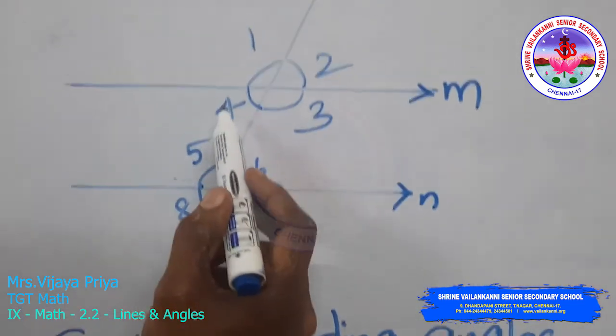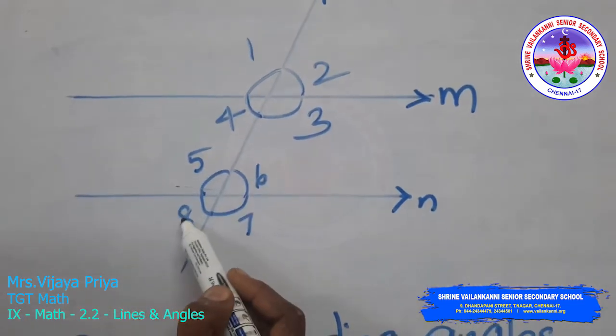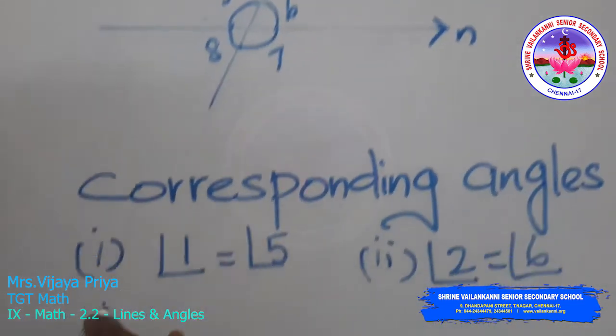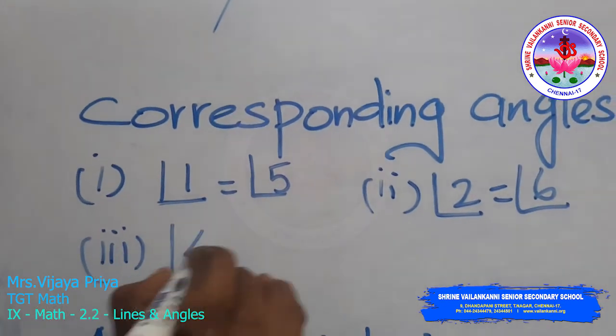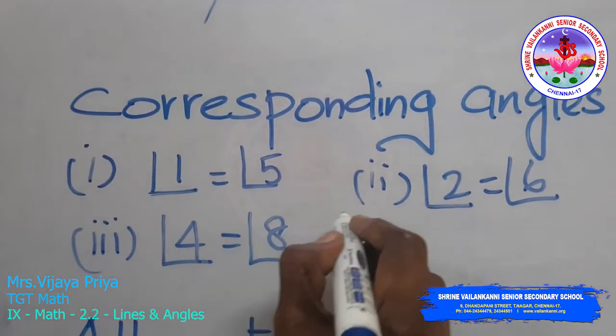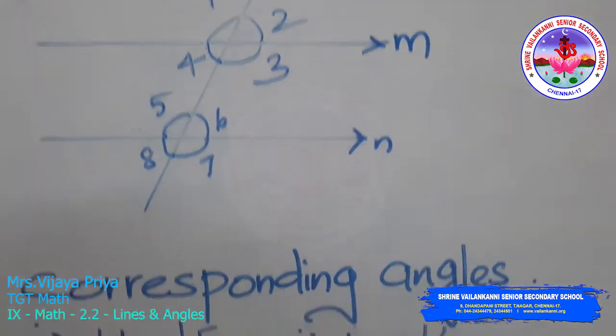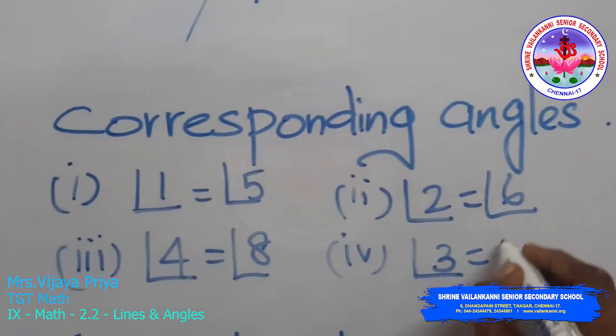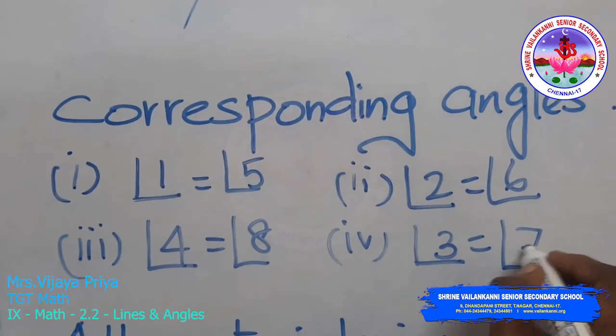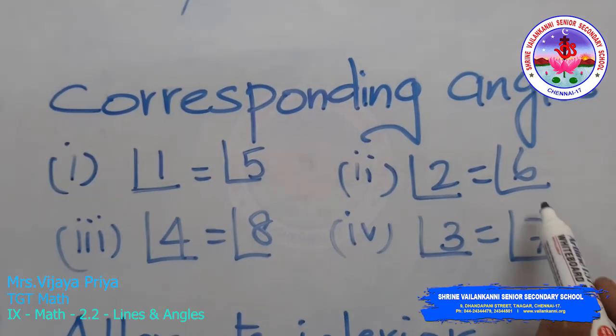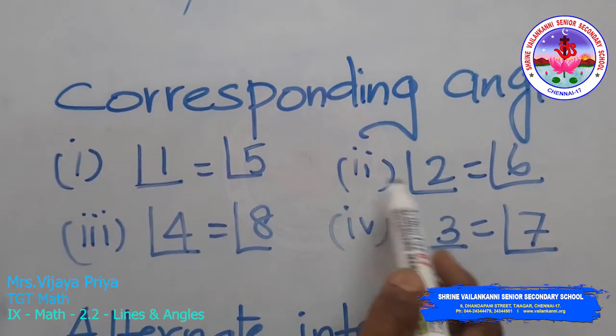The third pair is angle 4 and angle 8, so angle 4 is equal to angle 8. Now the fourth pair is angle 3 and angle 7. By the property, if two parallel lines are cut by a transversal, then the corresponding angles are equal.